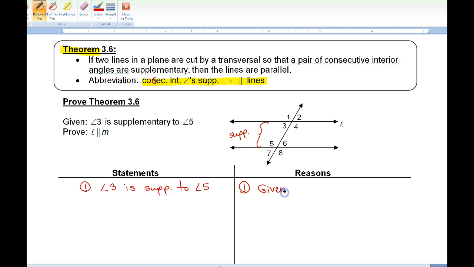Now again, if I can get corresponding angles, or if I can get alternate exterior angles congruent, then we have the lines parallel. Since we have 3 is supplementary to angle 5, what I want to look at first is what other angles would be supplementary. Well, take a look at angle 1 and angle 3.